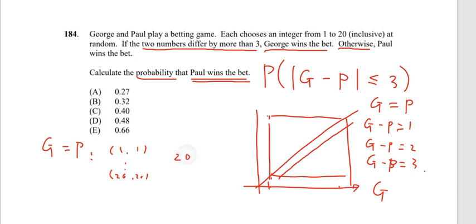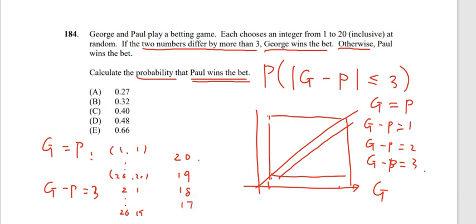20. Okay, so what about G minus P equals 1? It can be 2 1 up to 20 19, right? So here we have 19 ways. G minus P equals 2, we can find 18 ways. And G minus P equals 3, then we have 17 ways.